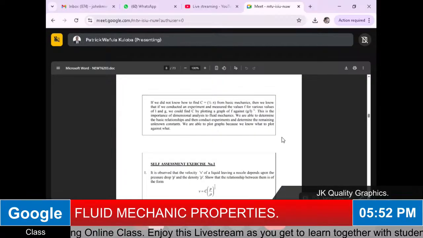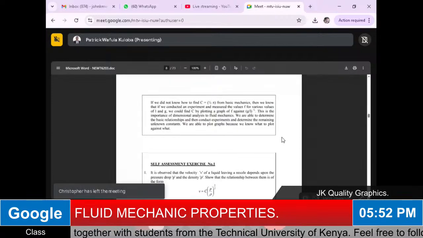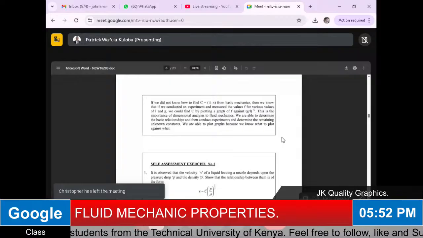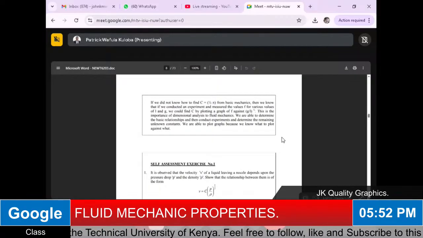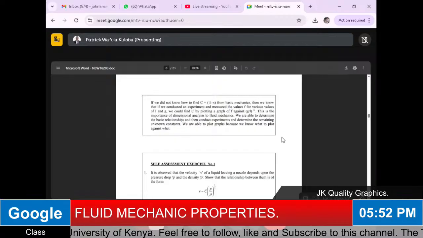This is equal to C into brackets, where there's P for pressure, you put M L raised to minus 1 T raised to minus 2, all that in brackets raised to a.